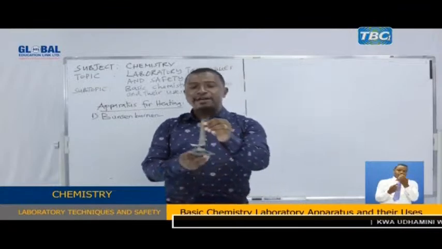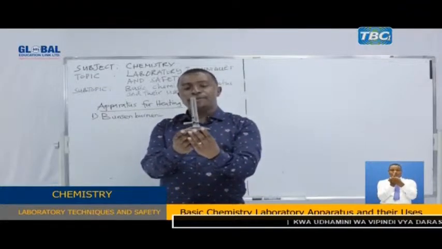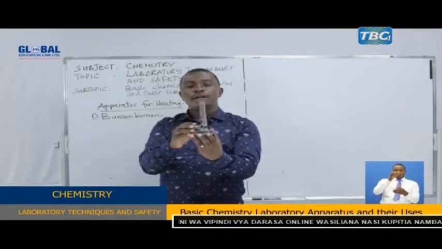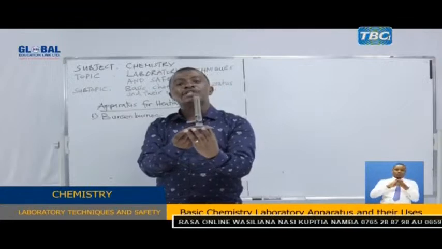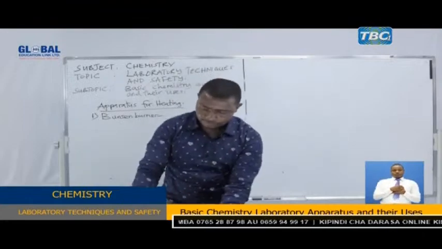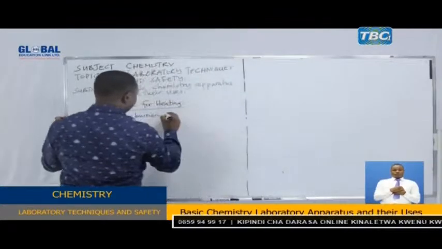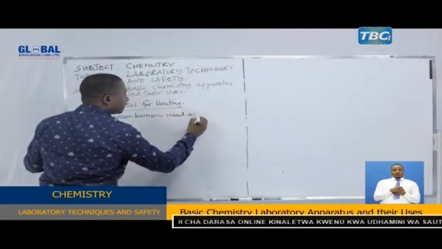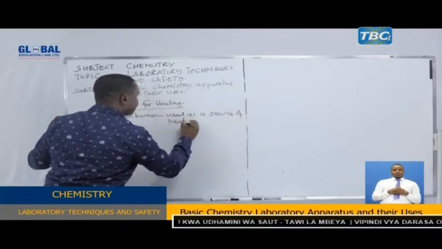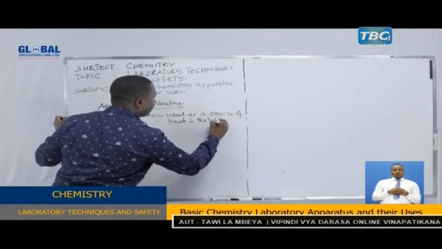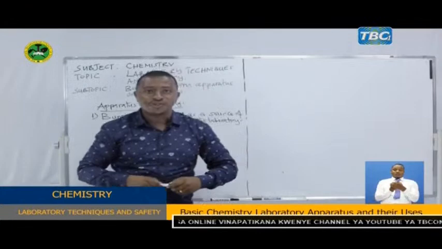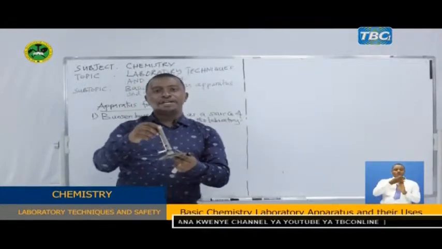Class, this is the Bunsen burner. You can see it has a base, it has a gas inlet, and it has this chimney, it has an air hose. It is used as a source of heat in the laboratory. So a Bunsen burner is used as a source of heat in the laboratory.